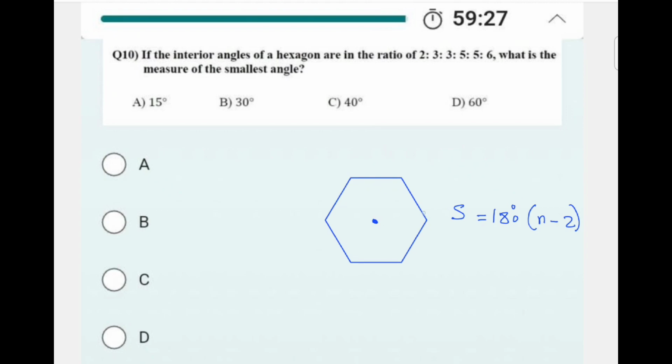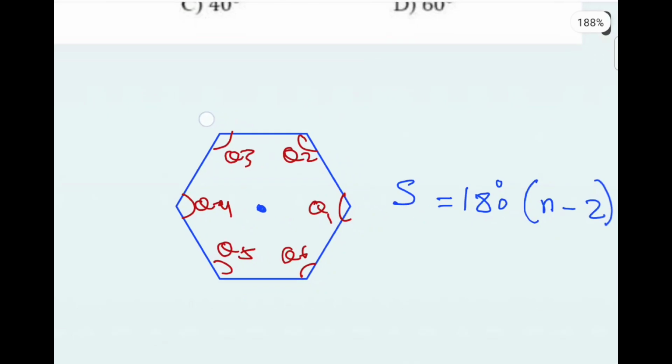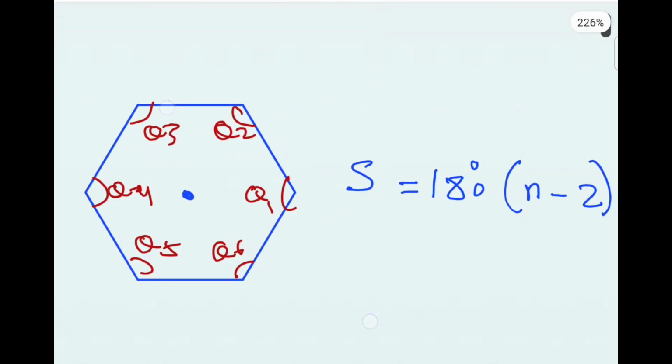And remember that these are the interior angles, so theta 1, theta 2, theta 3, theta 4, theta 5, and theta 6. So S basically represents the sum of these angles.